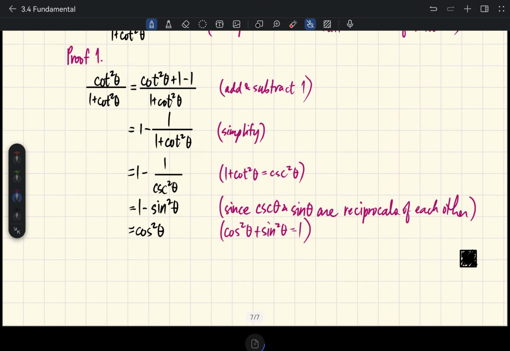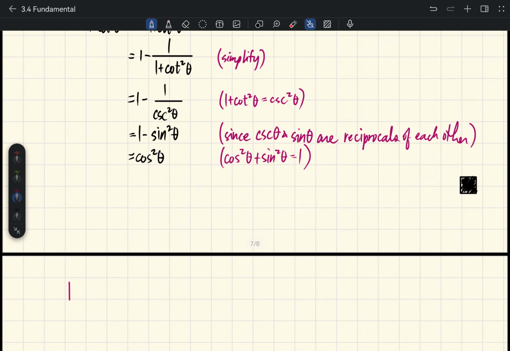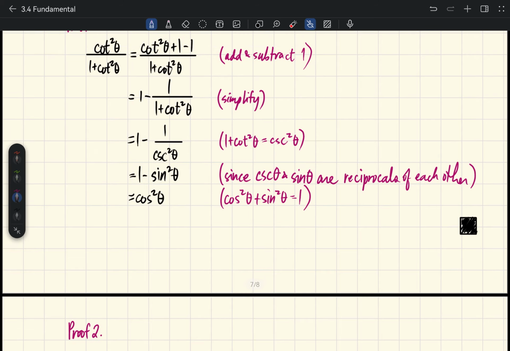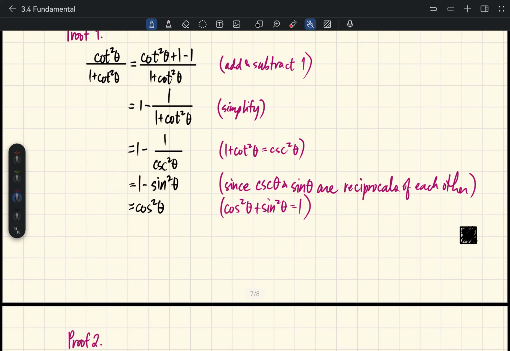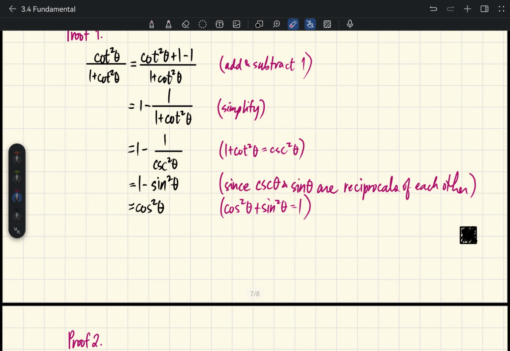However, there's an easier way to actually prove this one. Instead of adding and subtracting 1, maybe we can start with this Pythagorean identity right away.